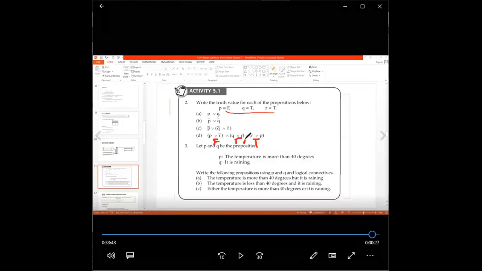Then we have or here, we have and here, but you always give priority to and. That's conjunction, so and is always given priority. So false and true will be false. And then false or true will end up as true. So the final value will be true.